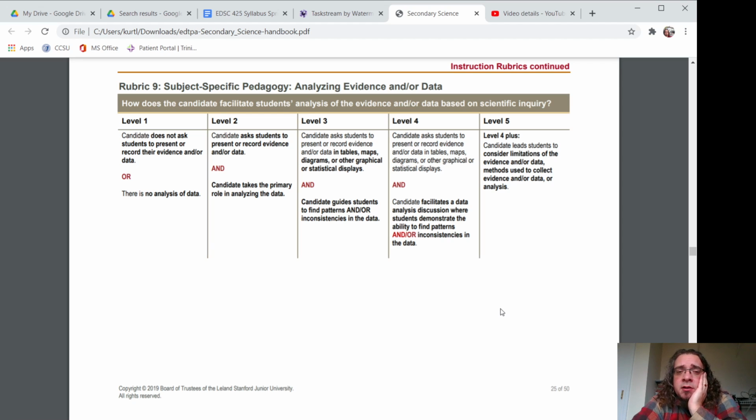The point here is that we go from level 3, which is much more teacher oriented, to level 4 and 5, which become more and more student directed, and they're doing, in this case with science, their own analysis, and the candidate here, the student teacher, is being supportive of that process but not providing all the answers up front. Okay.